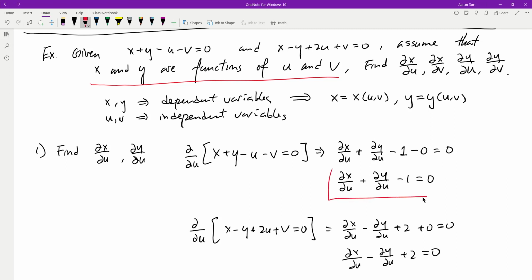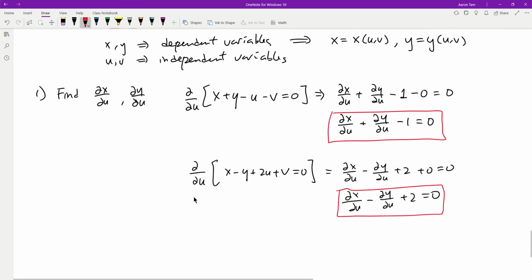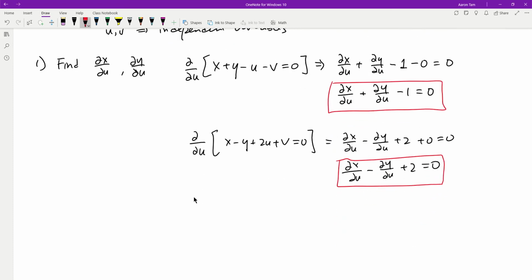Notice now we have a pair of equations where we have two partial derivatives to look for, and it makes sense, because we have two partial derivatives to look for, and we need two equations in order to properly solve for them. Which is the reason why I said that you will need the same number of equations as dependent variables in order to do it. So that's just a matter of solving these two equations, which should be pretty easy to do.